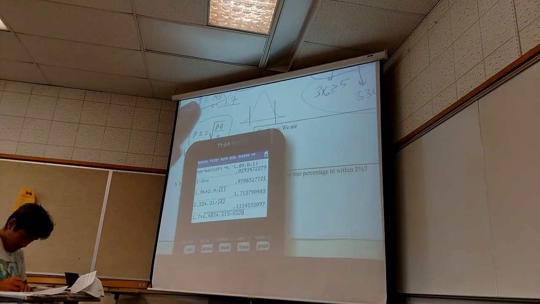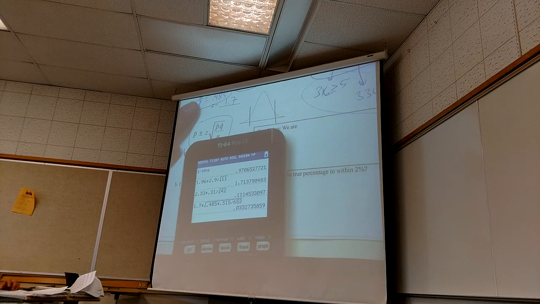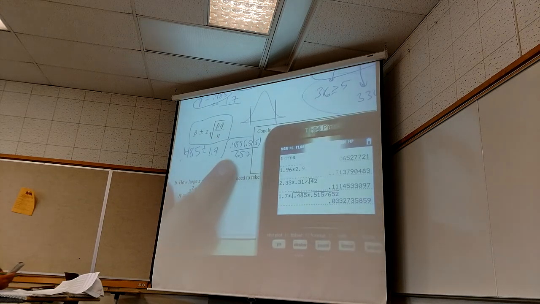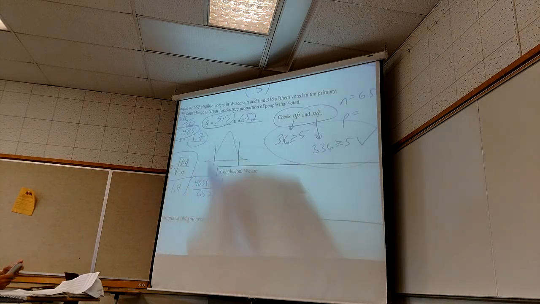So for the error here, I get 0.033. Is that what you guys got? No. The error? Just the error piece? All right. So z is 1.7, right?